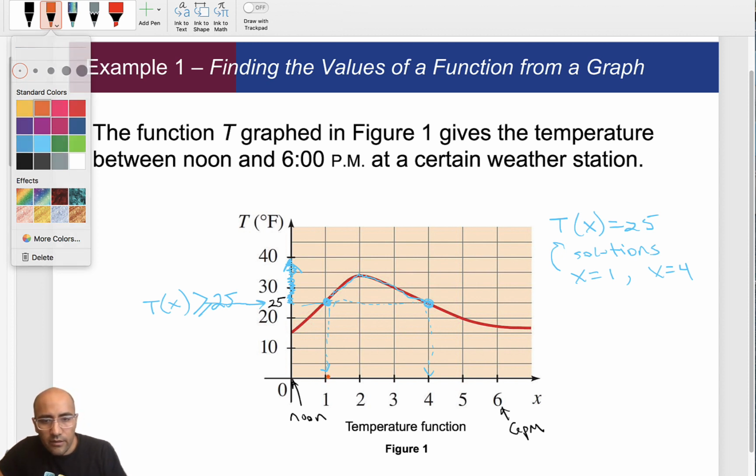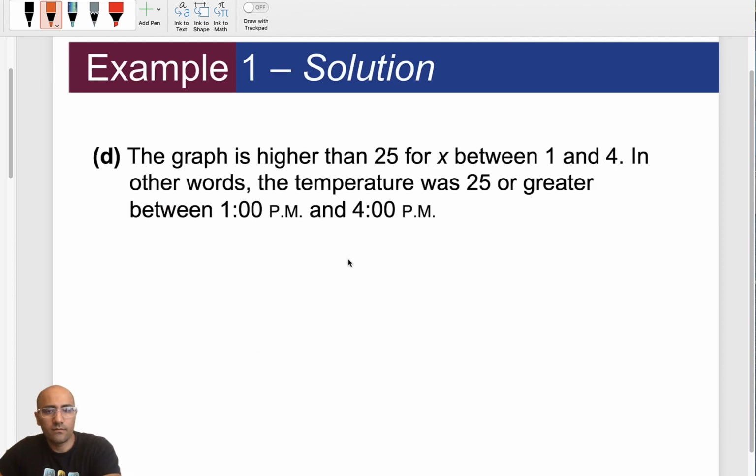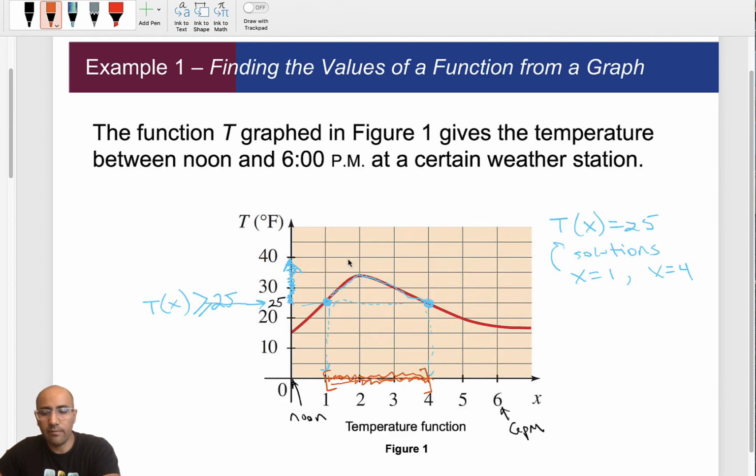All of these inputs, including 1 all the way up to 4, are the values such that the output temperature is above 25. So all the values between 1 and 4 result in a function that is equal to or higher than 25. Between 1 and 4, the temperature will be above 25.